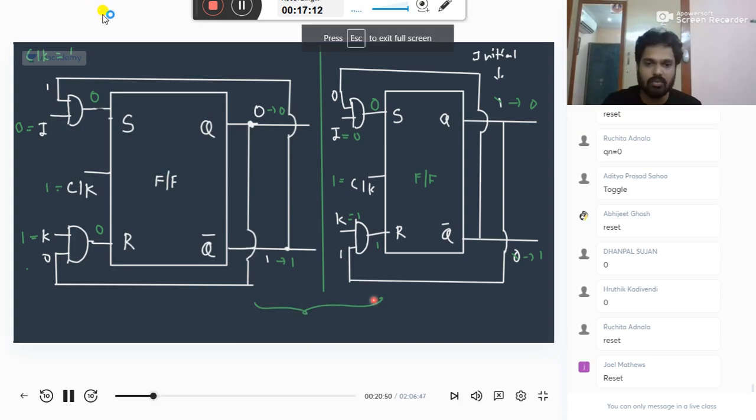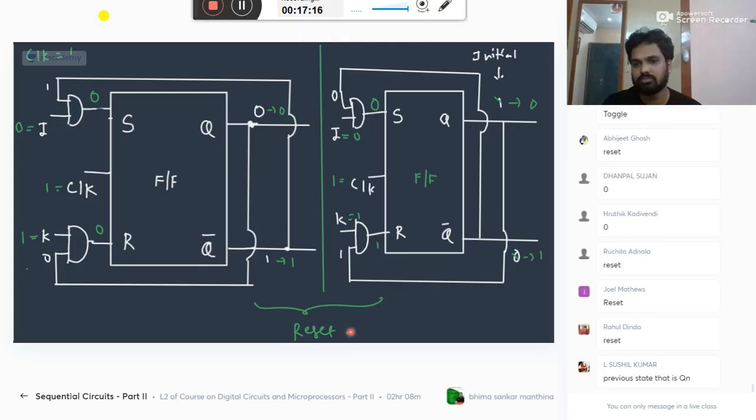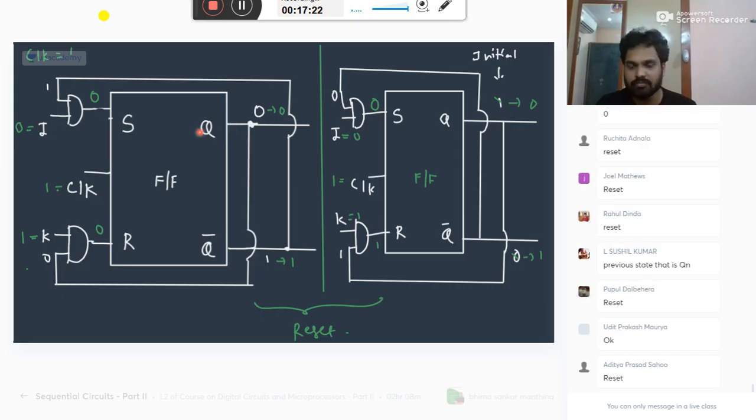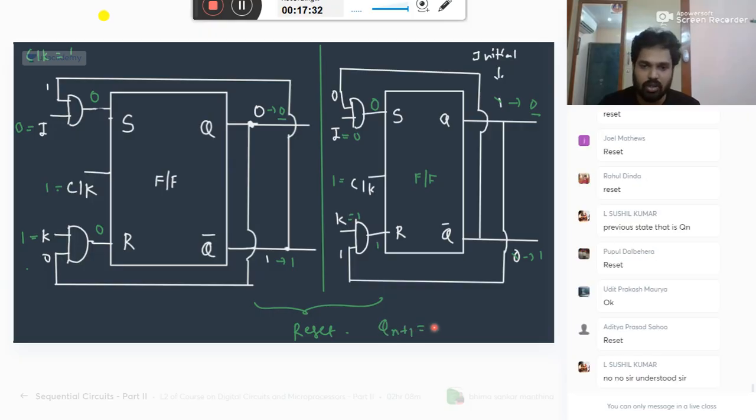You can say it is equal to reset. Previous state is Qn. Whether previous is 0 or 1, compulsorily in the next state what you are getting is 0. That's why we call it a reset. So Qn plus 1 is equal to 0.